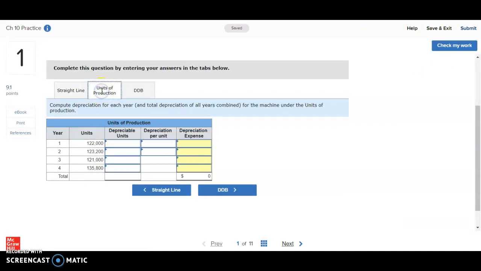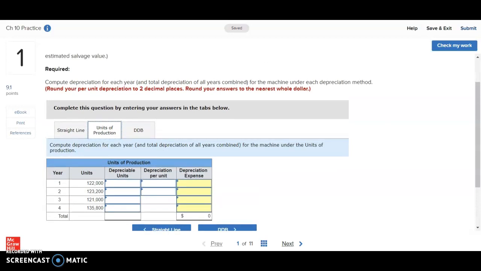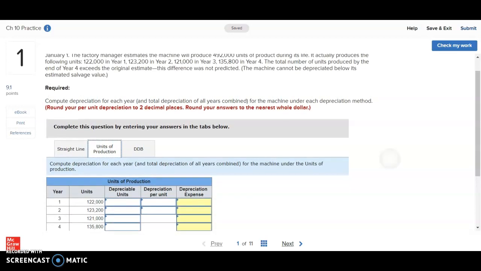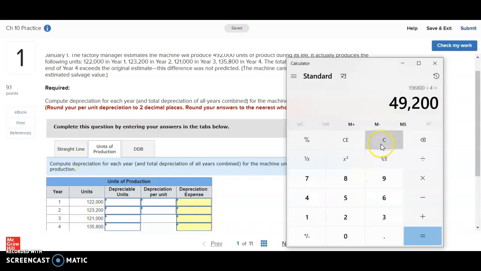This one, that's where we need those pieces of information from the top where it tells us how many units we use in each year. So this time we're still going to be doing a formula where we're going to take the cost minus the salvage value. So the cost of $215,800 minus the salvage value of $19,000. But for units of production, instead, we're dividing it by the number of useful units.